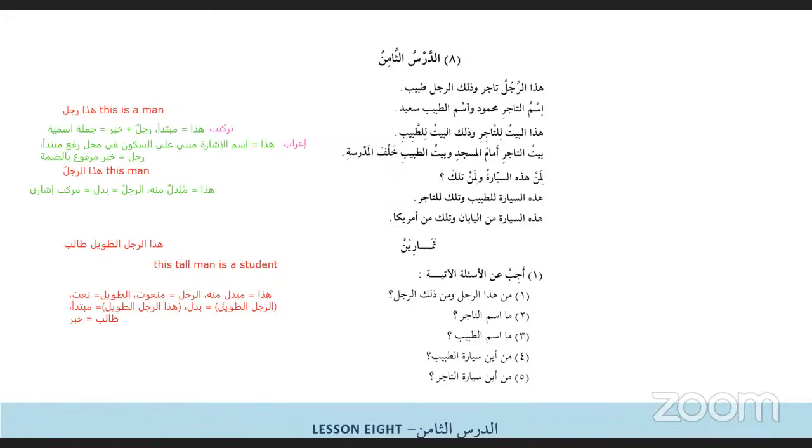Na't. Then this phrase, the tall man, becomes the badal of هذا. And then that leaves us with مبدل منه هذا and الرجل الطويل, which is the badal. That now becomes the mubtada'un and talibun will become the khabar. Is that understood?